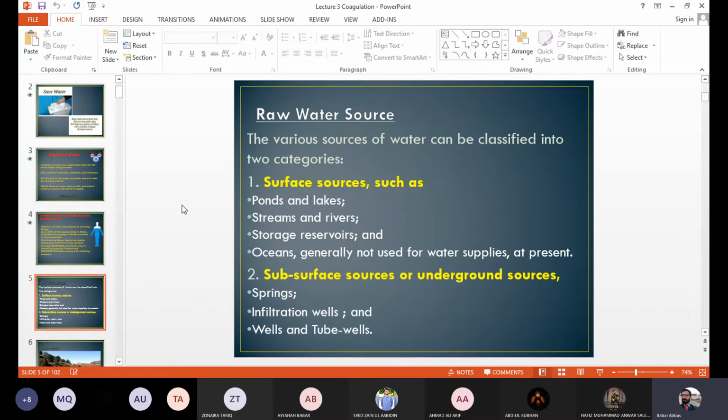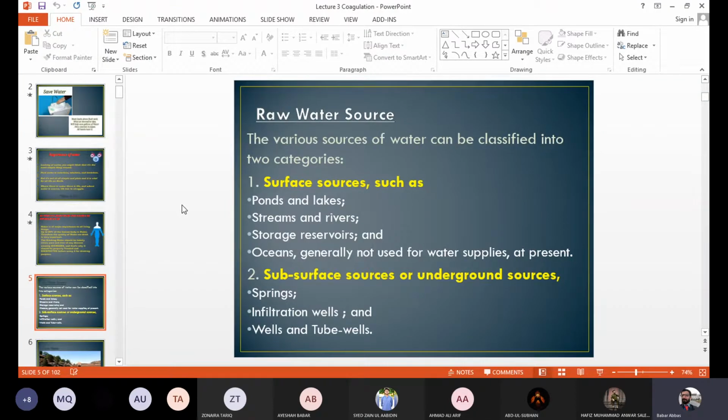So when we talk about the water for drinking purposes, we must know about the water resources, or the bodies which are providing water for drinking purposes. The various sources of water can be classified into two categories. First one is the surface water, and the second one is subsurface or groundwater.